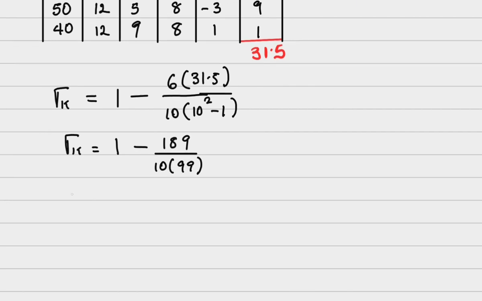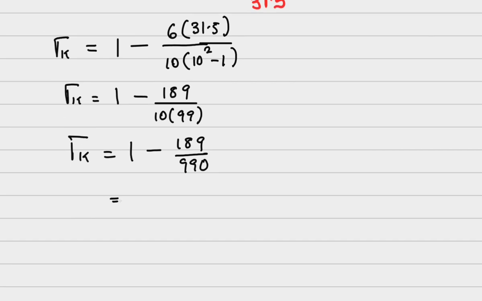So rk is going to be 1 minus 189 all over 990, which will be now 1 minus 0.1909.